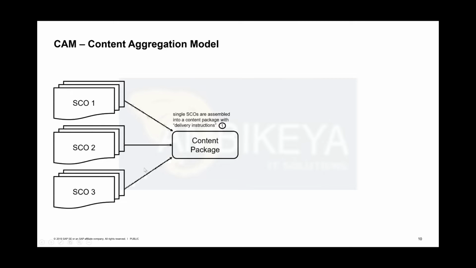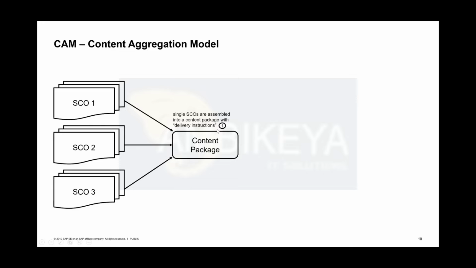So those content pages, those shareable content objects, are assembled into one content package, and the content package, based on the XML files explained before, contains, let's call it, the delivery instructions of that package. That's the instruction how to deliver the content package containing those three shareable content objects to the end user.